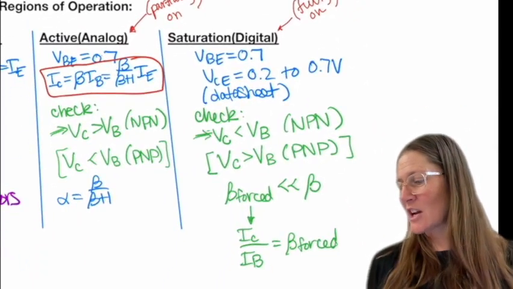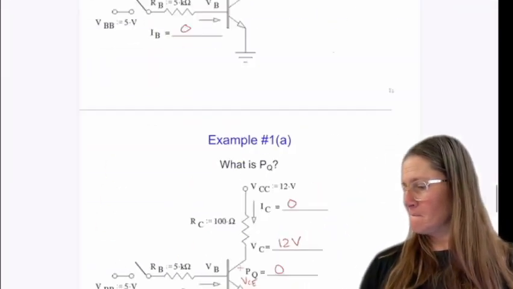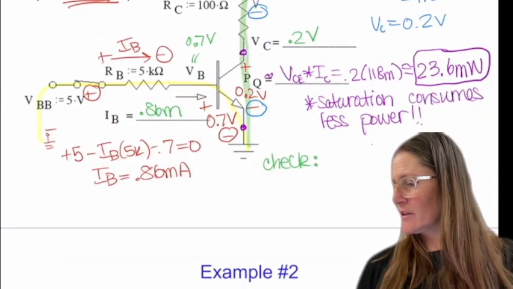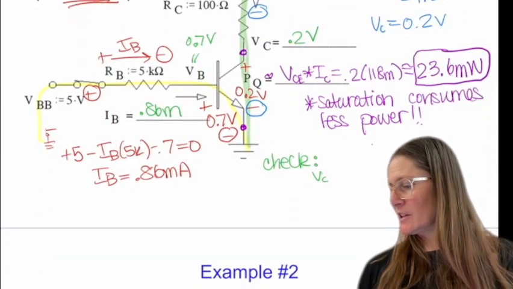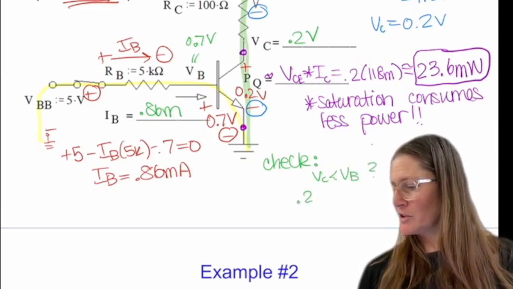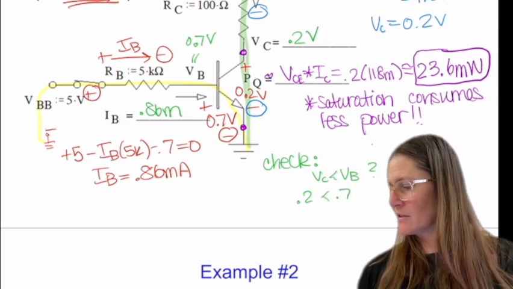Correct. So we need to check that VC is less than VB. And in this case, 0.2 is less than 0.7. So yes.